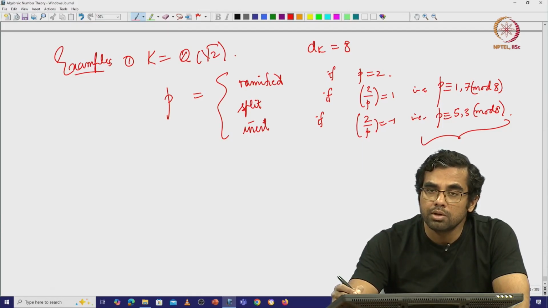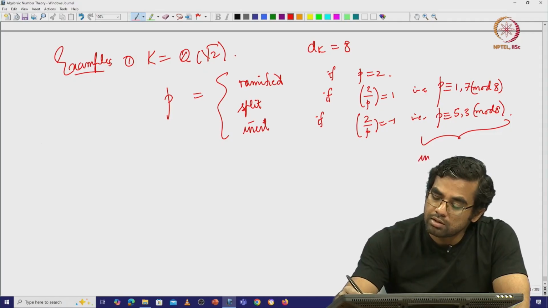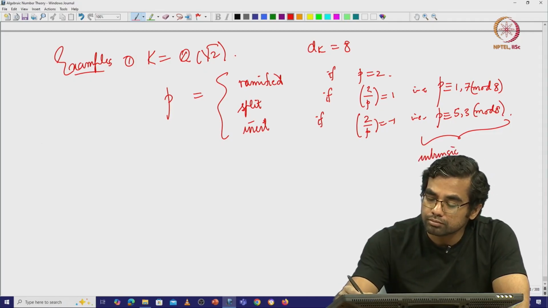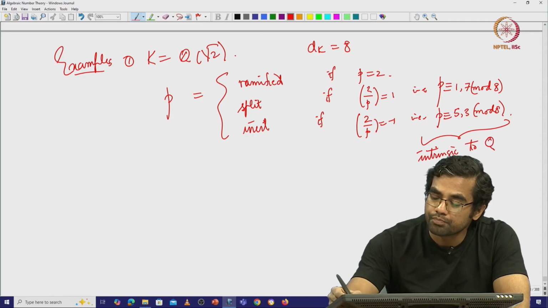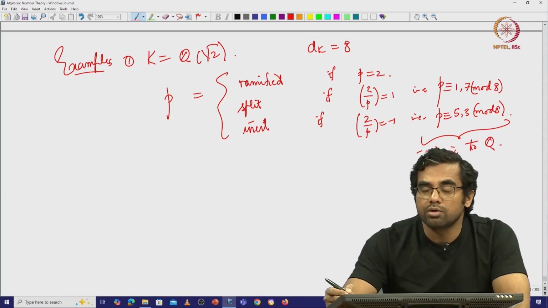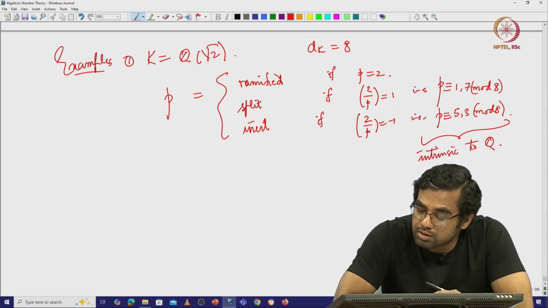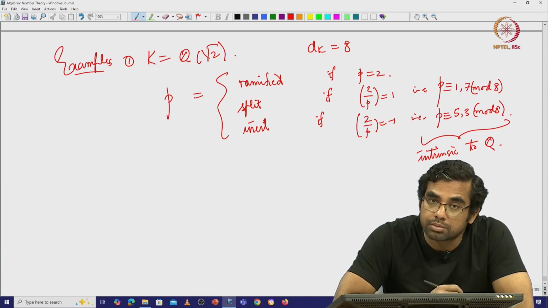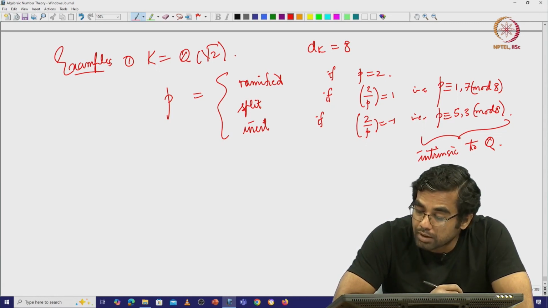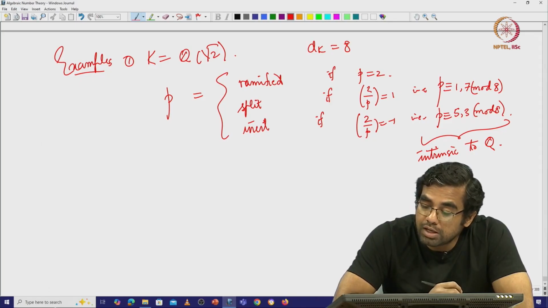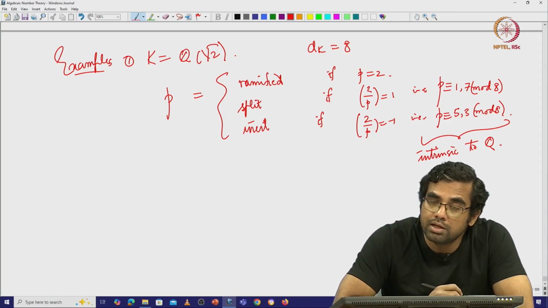You have a prime, this is intrinsic to Q. And although this might not seem like a big thing right now, it's actually a starting point of class field theory, for example. So, the splitting behavior of P is completely determined by data within the field Q itself.